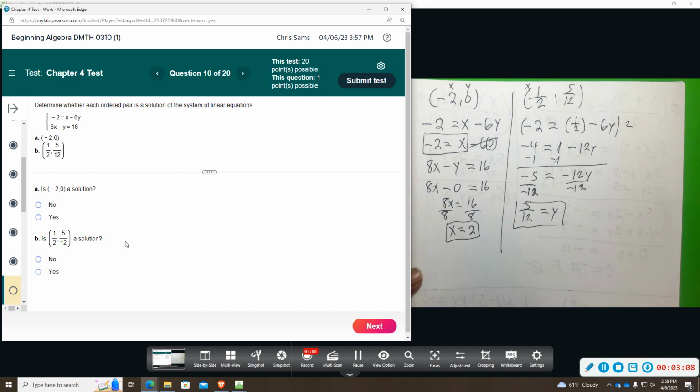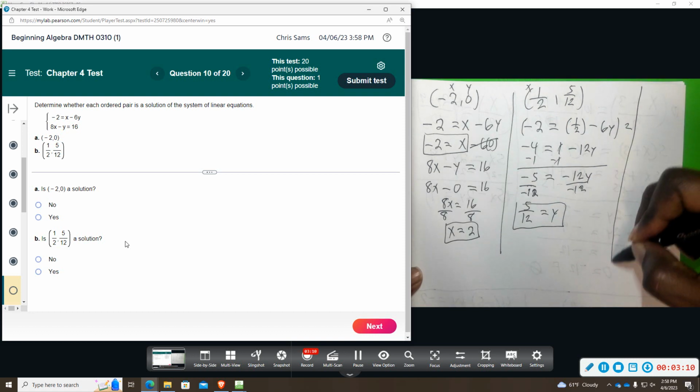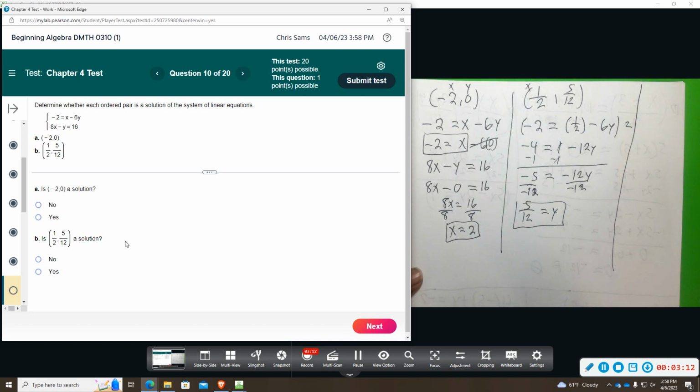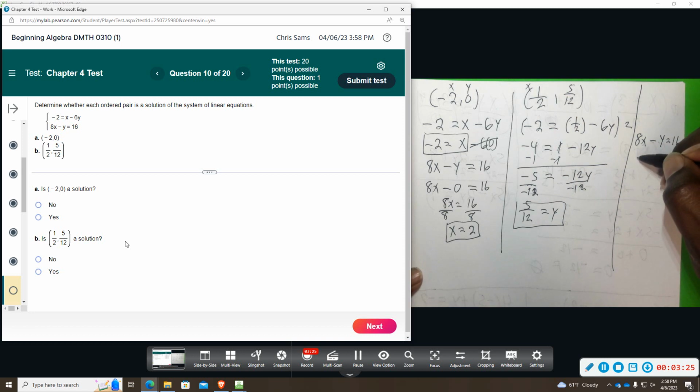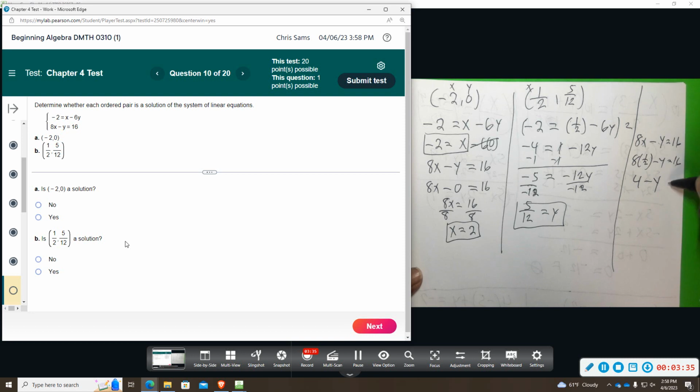And then let's try the second equation, which is 8x minus y equals 16. All right, I'm plugging in a half again for x. 8 times a half minus y equals 16. So half of 8 is 4, minus y equals 16.